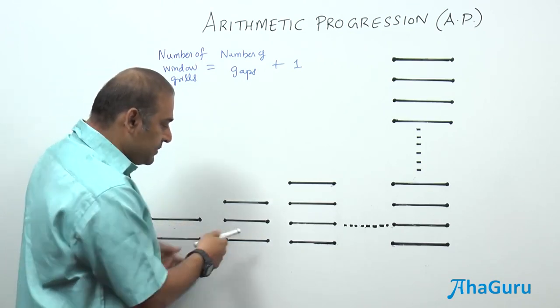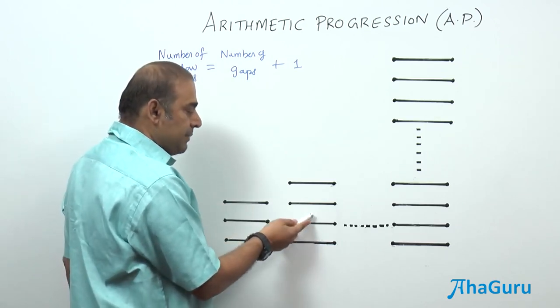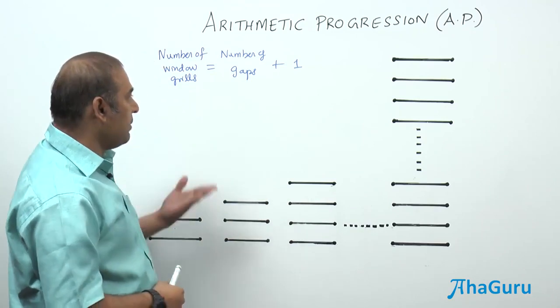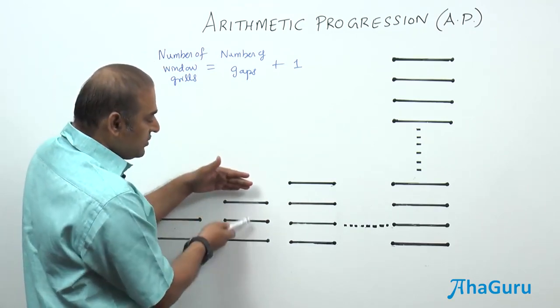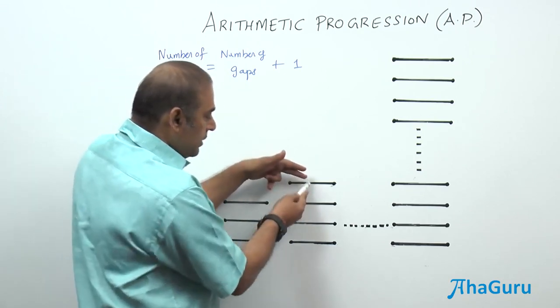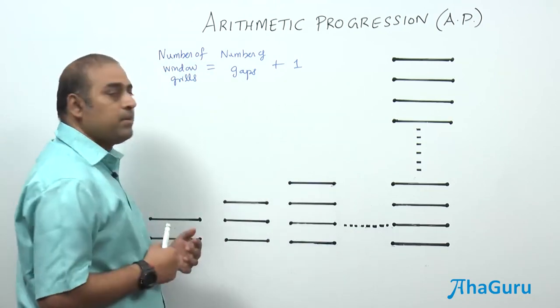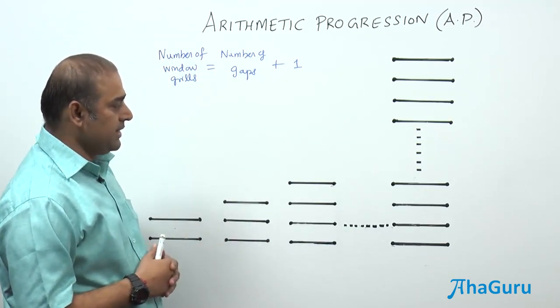The number of gaps is 2 here, the number of grills is 3. The number of gaps is 3 here, the number of grills is 4. So we have a presence of mind formula. It's very simple. When you see 3 window grills, there are 2 gaps. See 4 window grills, you see 3 gaps. So number of gaps plus 1 is equal to number of window grills. Okay, fine. But in what way is it connected to the arithmetic progression?